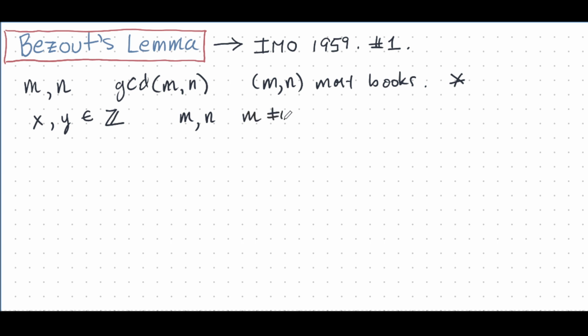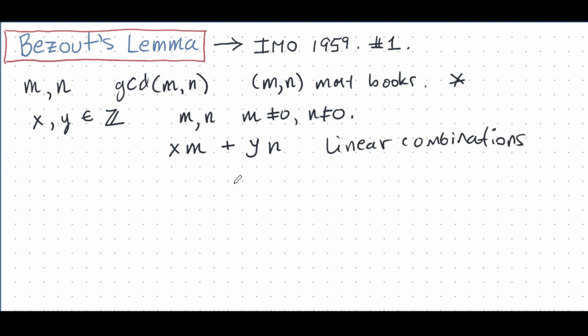So m is not 0 and n is not 0. We have to assume that. And what we want to do is form linear combinations xm plus yn, and study these combinations. It turns out that these linear combinations are quite interesting, and they form the motivation of Bezout's lemma.